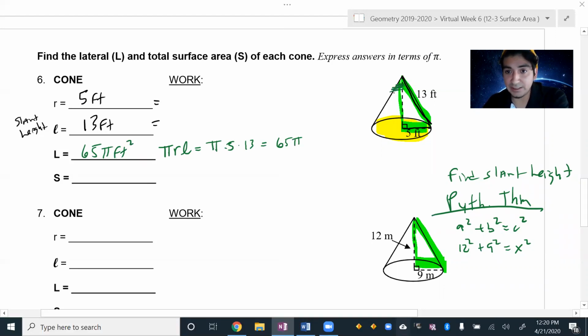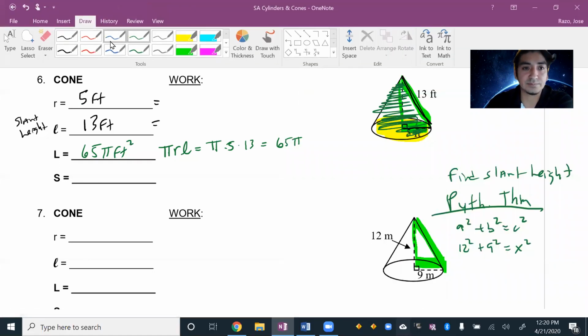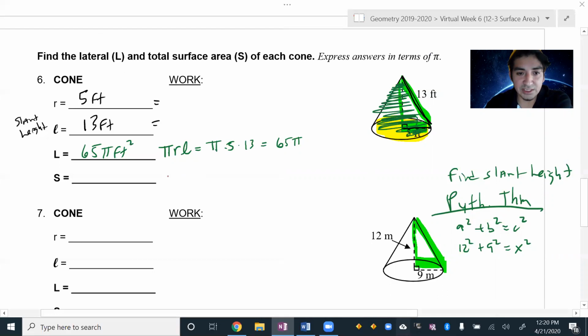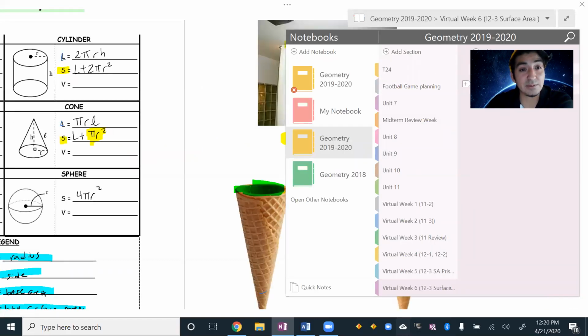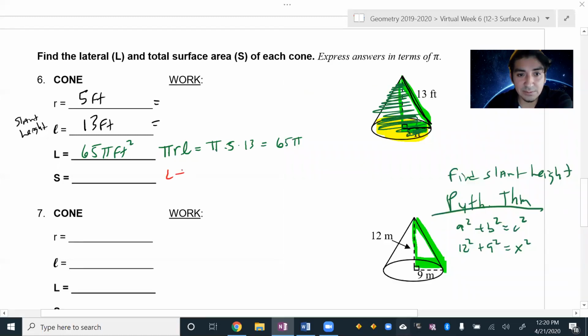Because you found out the area it takes to cover the cone around, not the bottom, but what's around the cone. So my S is a different color. My S is going to be the L plus pi r squared, by default.